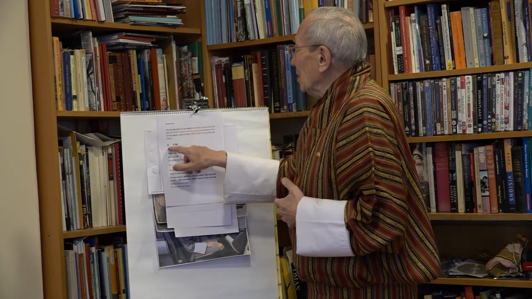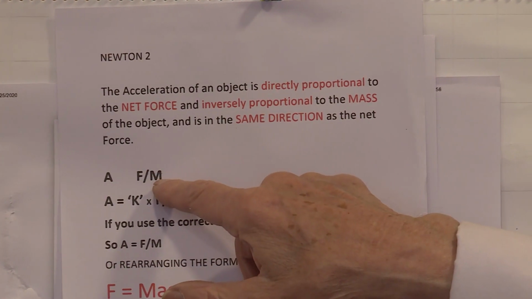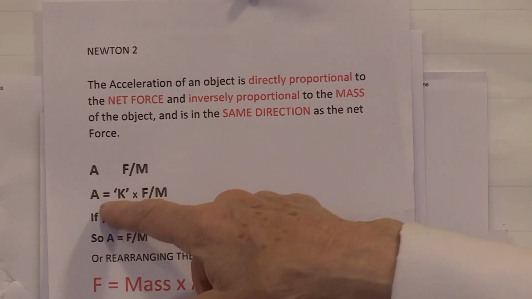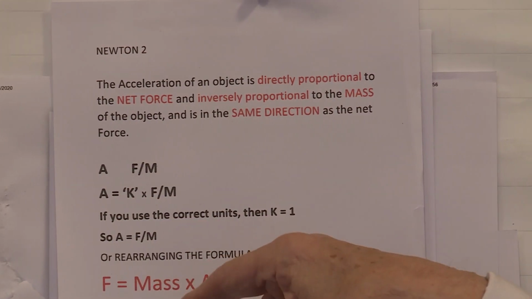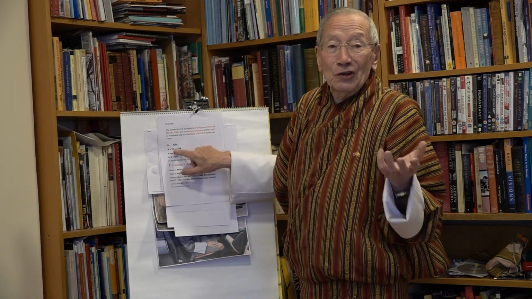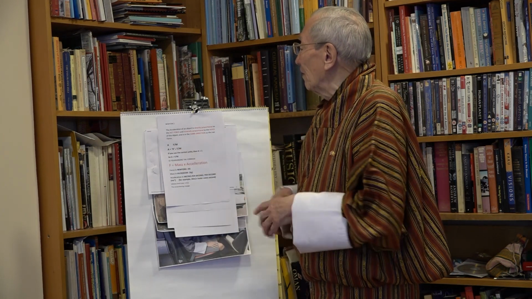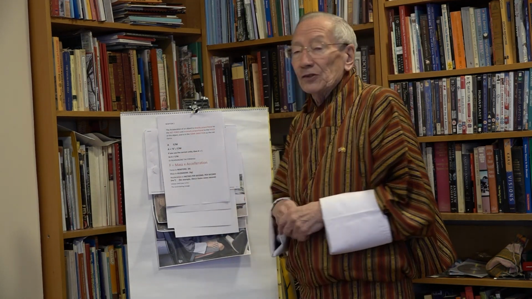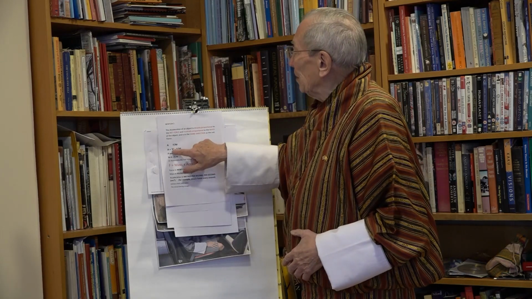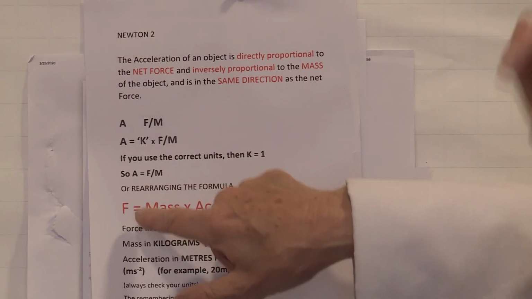So the acceleration is proportional to the force over the mass, which means, by the laws of proportionality, which you will have learned, that the acceleration equals a constant, a fixed number k, multiplied by force over mass. Now, the clever thing is, if we use newtons, kilograms, meters, and seconds, the value of this number k is just 1, which makes it dead simple.